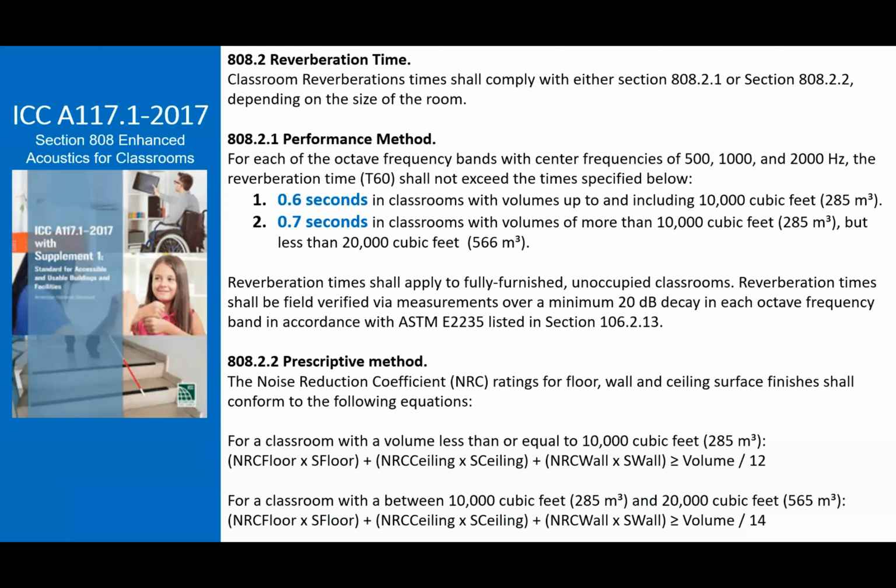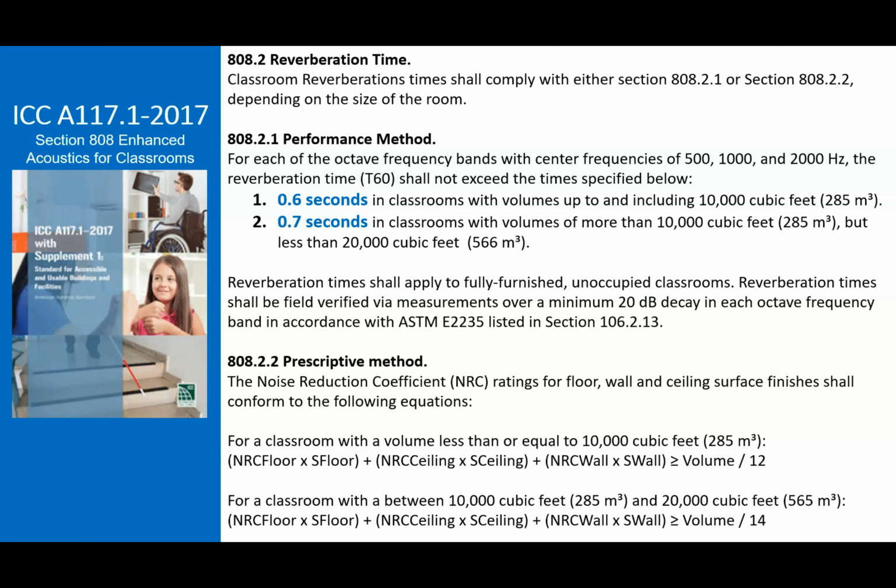If you're 10,000 cubic feet or less, the criterion is 0.6 seconds, which, as we remember from our curve earlier, is right at that peak where we want it. If you're between 10,000 and 20,000 cubic feet, they allow 0.7 seconds or less. This is for fully furnished, unoccupied classrooms.